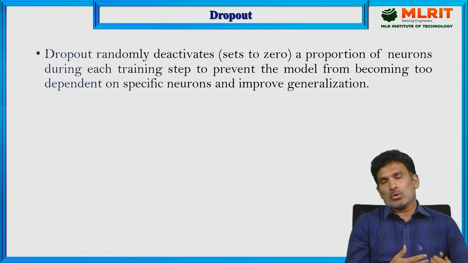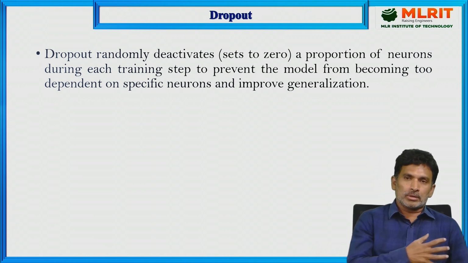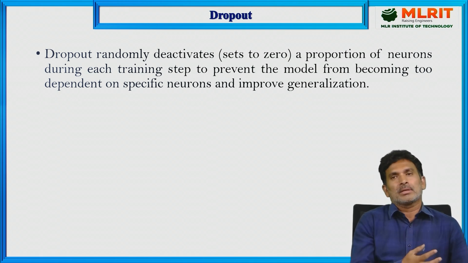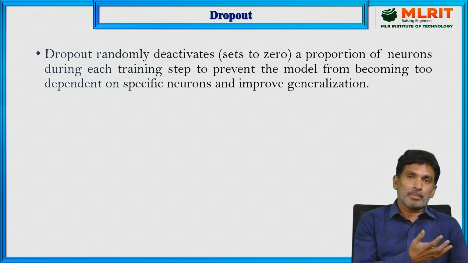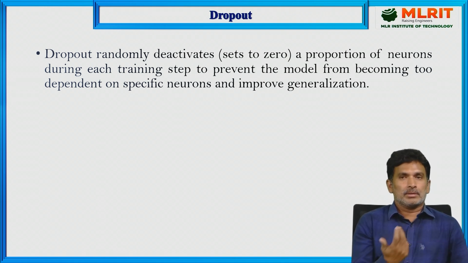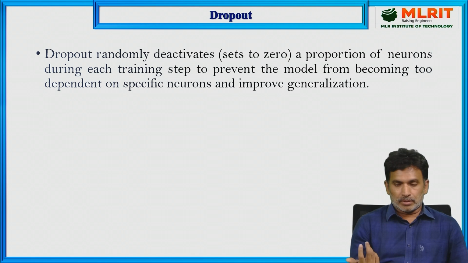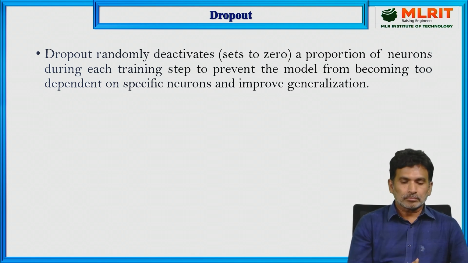Because the more complex the model, the more it captures the underlying patterns of the data, so we expect the model would overfit. That's why we have to drop some neurons, by setting the output to 0.